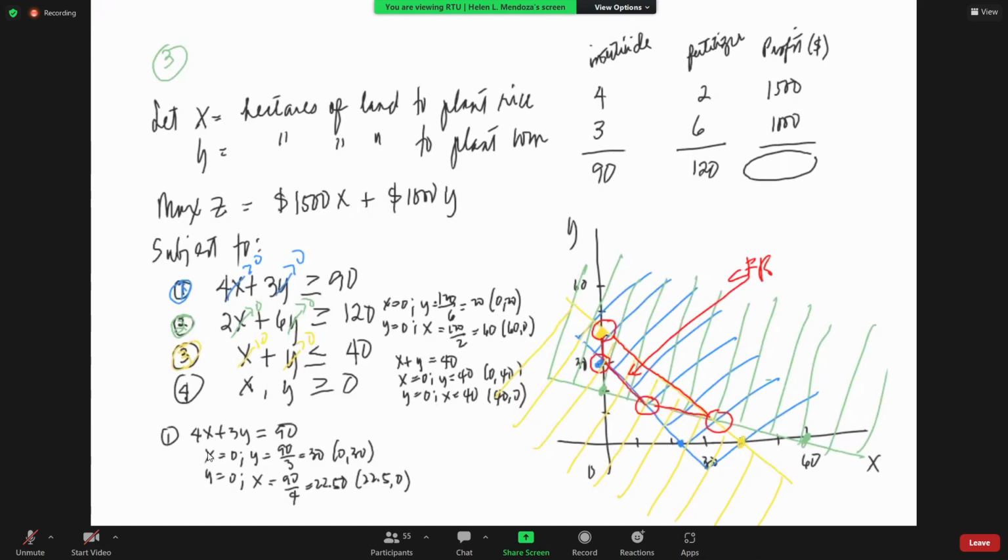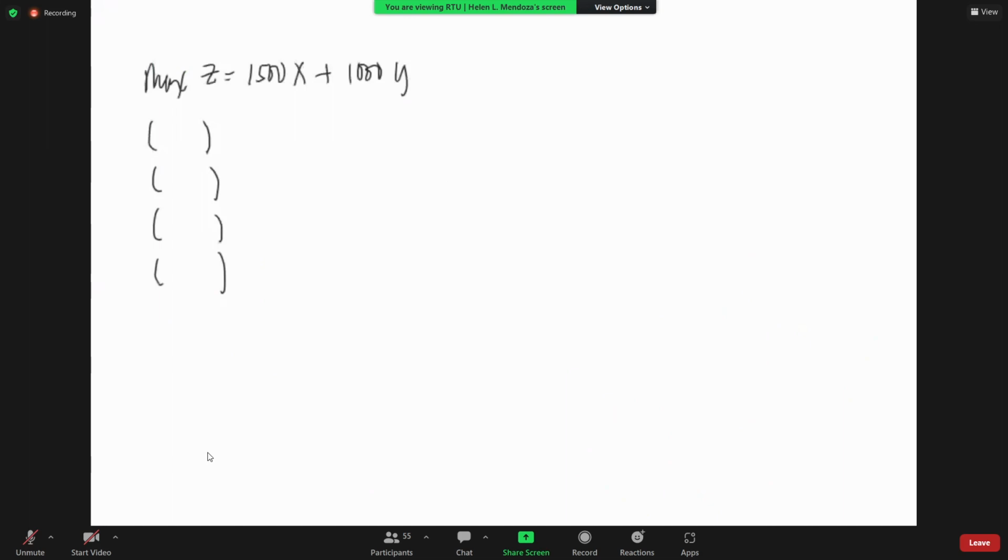Yan yung blue. So meron tayong 0, 30. Tama ba? Sa blue. Tapos meron din tayo sa yellow, 0, 40. Tapos we have 0, 30 and 0, 40. Substitute muna natin. So 0, 30, 0, 40.